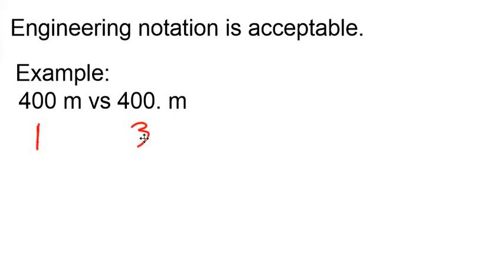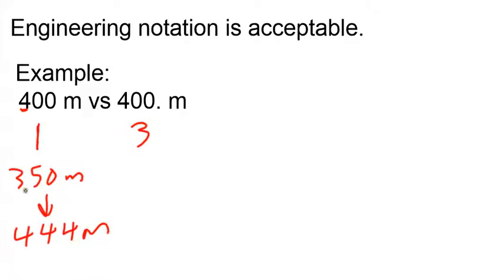When we're working with significant figures, this tells you how much error you have, which means how much that number could have been rounded. If only the first digit is significant in 400, the actual range for that measurement could be anywhere from 350 meters all the way to 444 meters.